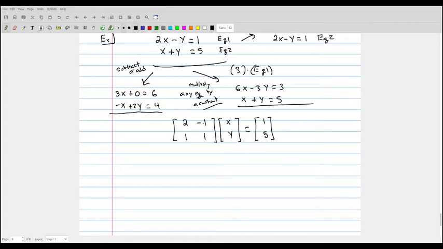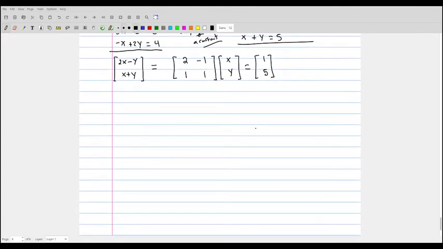You can see by doing matrix vector multiplication that the left-hand side is going to give you 2x minus y for the first component, and x plus y for the second component. So this matrix vector multiplication is the same thing as the equations 2x minus y is equal to 1 and x plus y is equal to 5.